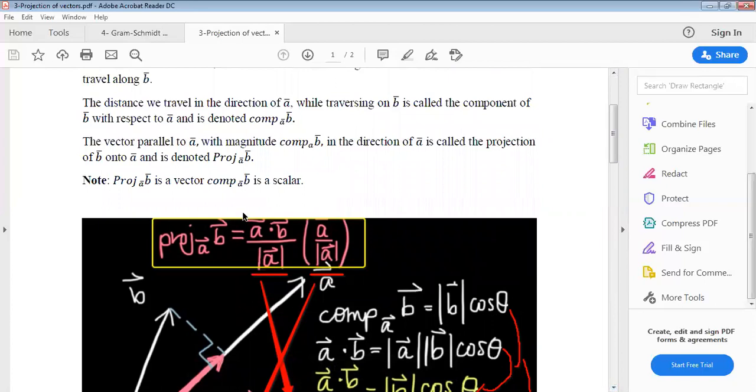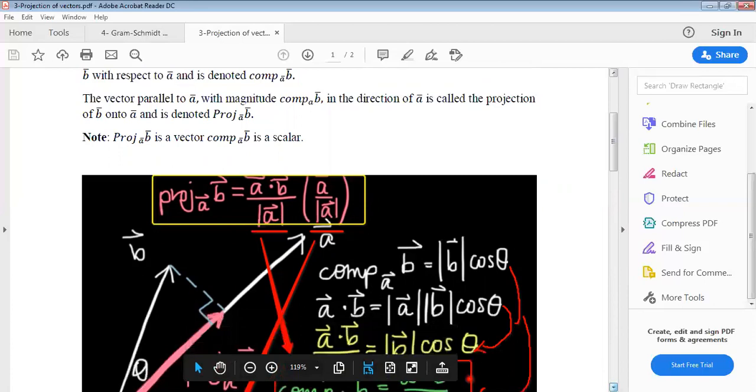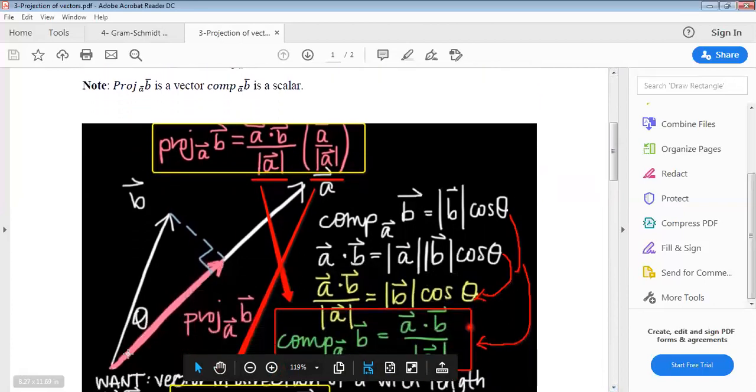So projection: if we find the vector, we already know the magnitude, right? If we find this total vector, that is projection.